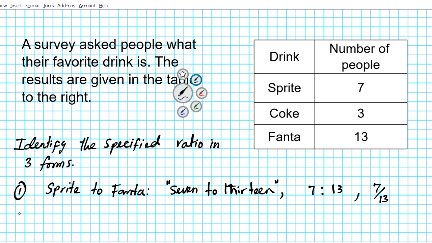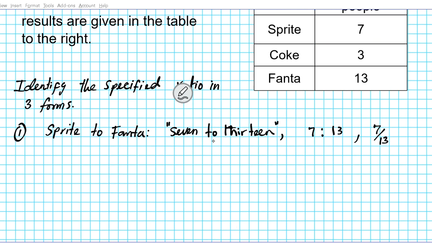All right, let's take a look at another example. What if the ratio is the ratio of Fanta to Coke? So the ratio of Fanta to Coke. All right, in word form, how many people preferred Fanta? 13.